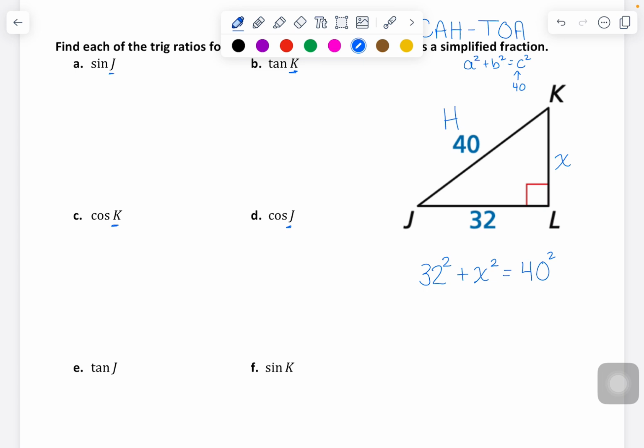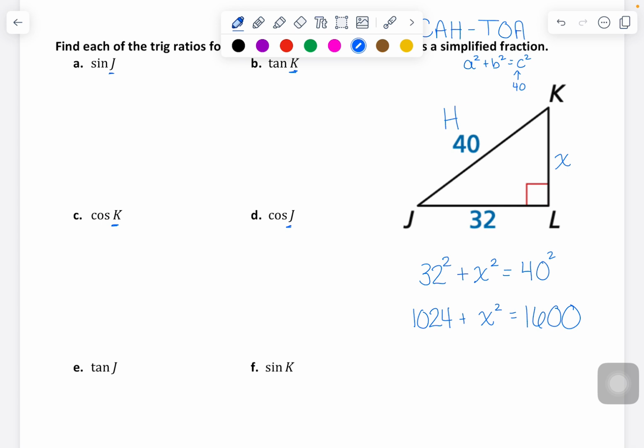Remember, you should be squaring things first. 32 squared is 1,024. That stays X squared, don't lose your squared on it, equals 40 squared is 1,600.